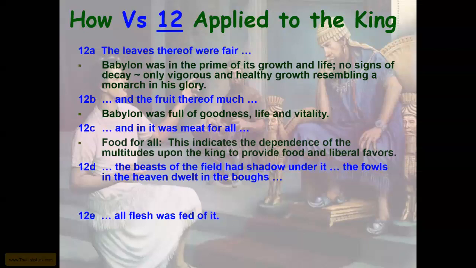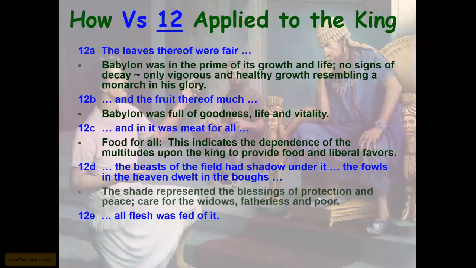It is written that Babylon had enough food supply within its walls for 7 years, and of course, with the Euphrates River running through the midst of it, there was food and water for all for a long time. The beast of the field had shadow under it. The fowls in the heaven dwelt in the boughs. The shade represented the blessings of protection and peace, care for the widows, fatherless, and poor.